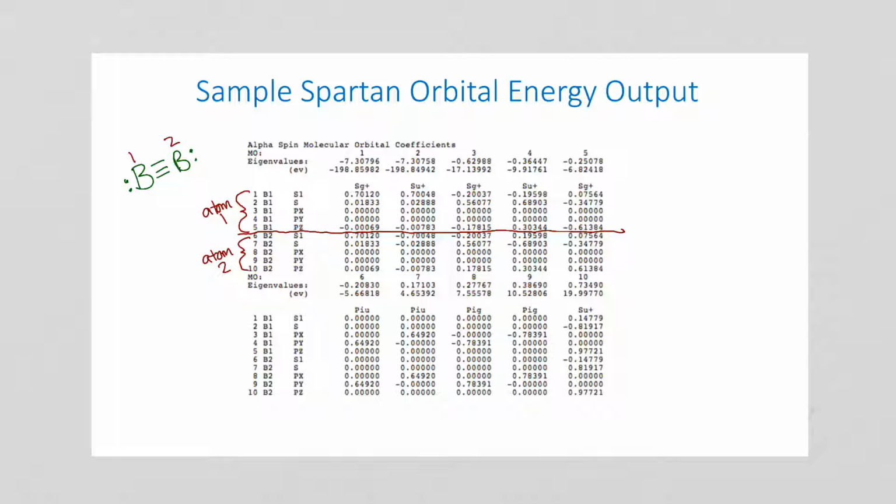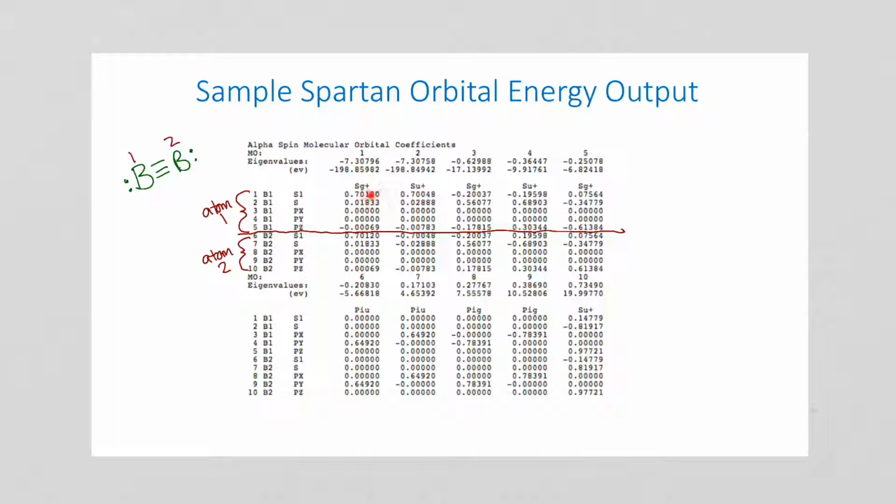And these numbers here tell you exactly how much of each atomic orbital is contributing to the molecular orbital. Usually what we do is focus on the largest contributors to each molecular orbital. So if we look at MO1, in this column, we see that most of the contribution is coming from that 1s orbital.